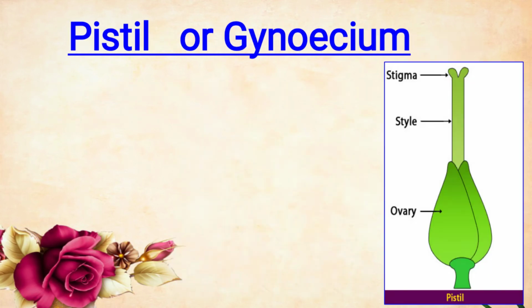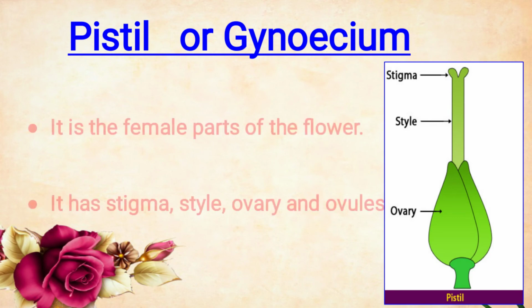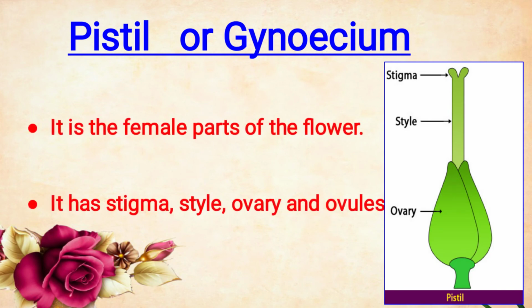Next one is pistil. Pistil is the female reproductive part of a flower. It has stigma, style, ovary and ovule. The pollen grains from the anther, the male reproductive part, enter through the stigma into the ovary, and inside the ovary there are ovules.